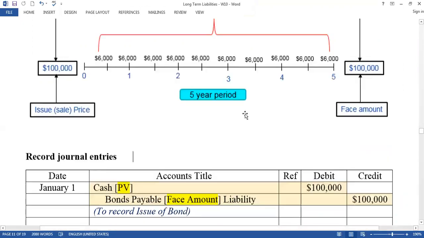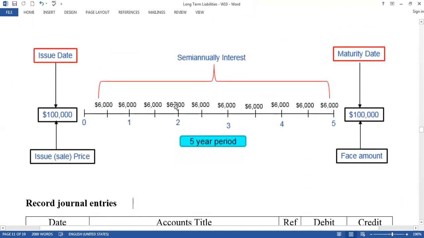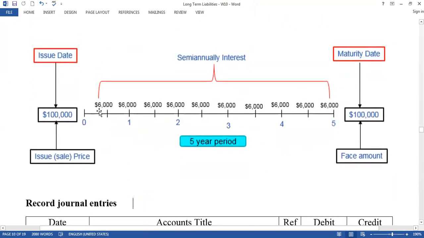Now, after recording the issue of the bond, we are going to record our interest expense. According to this question, our interest expense is $6,000. The first interest expense of $6,000 is on June 30 of year 1, and the second is on December 31st of year 1.